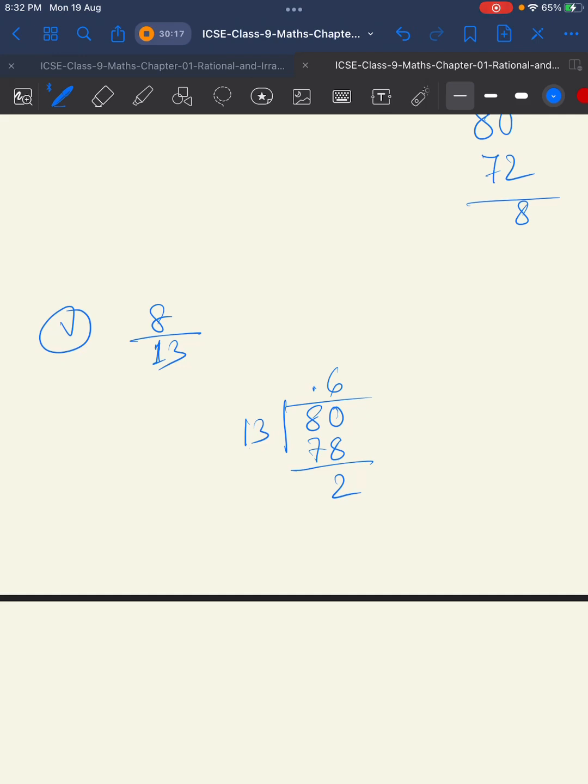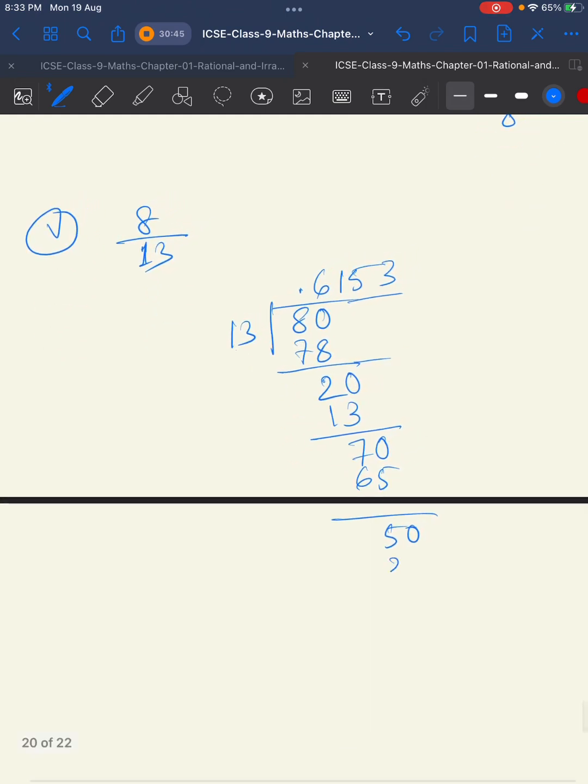Here subtract 78 from 80, so we will have 2. Here 0. 13 times 1 is 13. Now 7 0 and 5. 13 5s are 65. 0. 13 3s are 39.